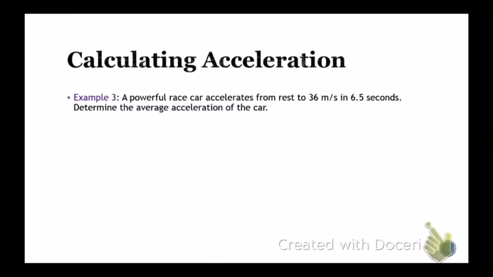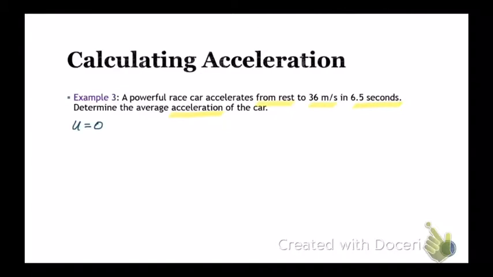Here's another one. It's very similar to the last one, so I hope you try it before you listen and watch the solution. A powerful race car accelerates from rest to 36 meters per second in 6.5 seconds. Determine the average acceleration of the car.